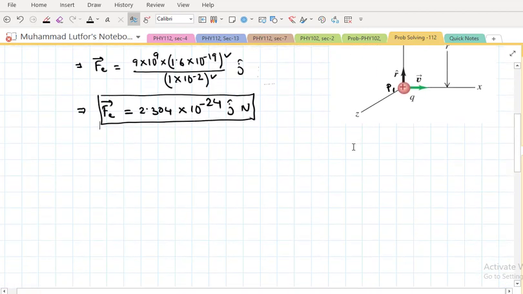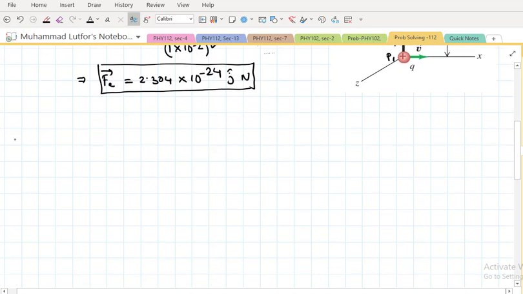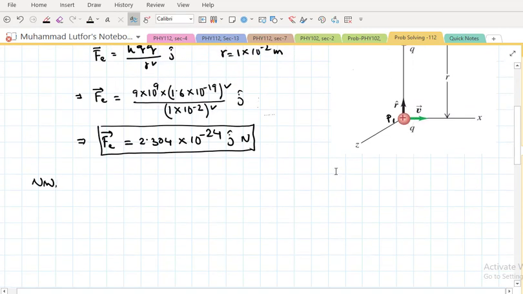Now I have to find the magnetic force. The magnetic force created by P1 can be written with the formula: the magnetic force F_m on the charge Q2 is Q2 times the speed v2 cross the magnetic field at the location of Q2.